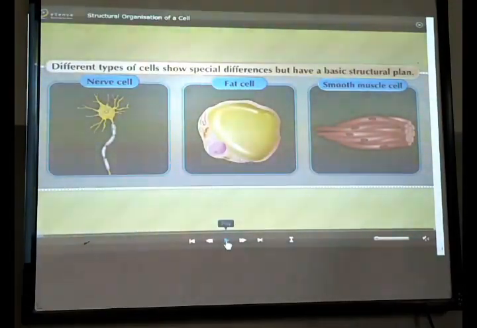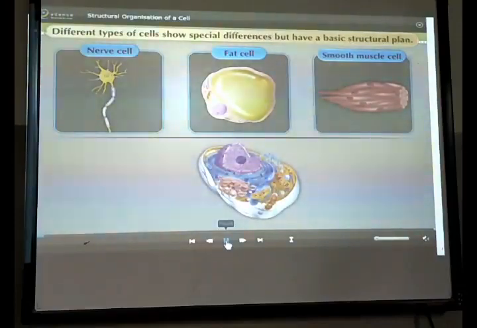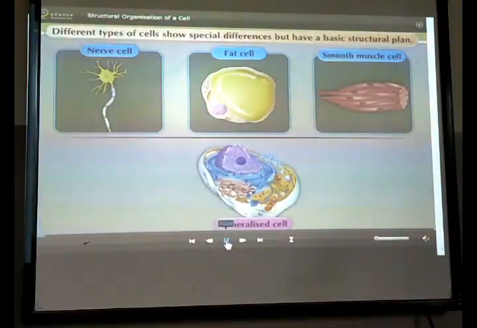In our body many organs are there, and the organs make some particular type of system. Here some cells are there, see nerve cell, fat cell, smooth muscle cells. They have their own functions in different organs. Different types of cells have different shapes, sizes and functions.